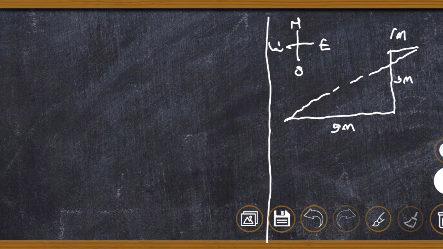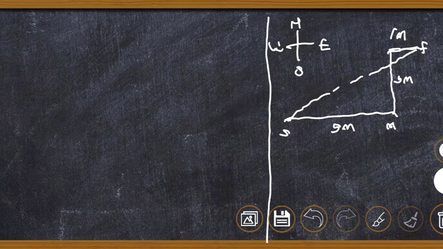This is our starting point X, and the end point of the vector is F. Along this direction, from here to here, let me say here is M, we have 5 meters, and then it moves north 3 meters, then 1 meter east. Now the question is asking us to calculate the total displacement of the body.